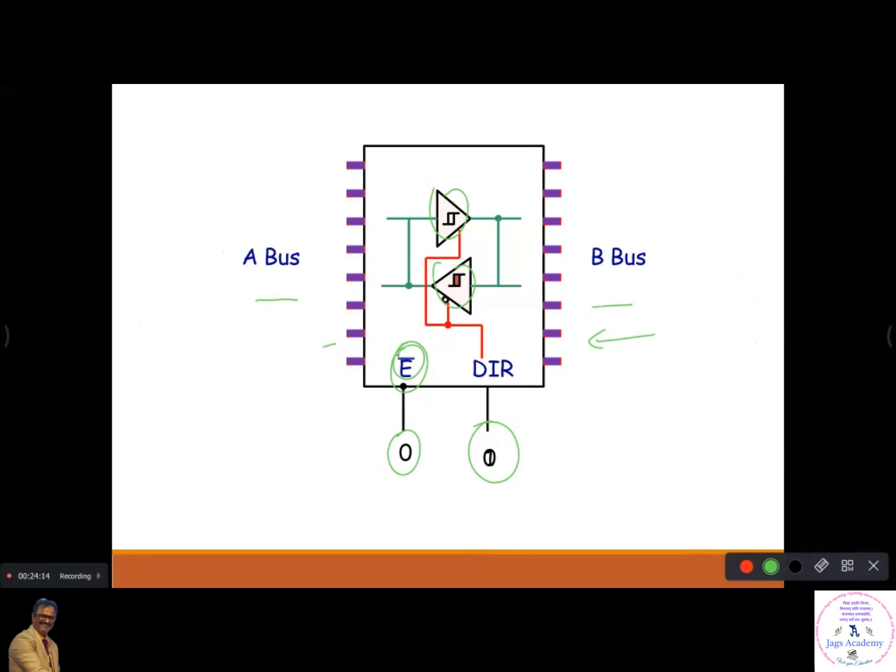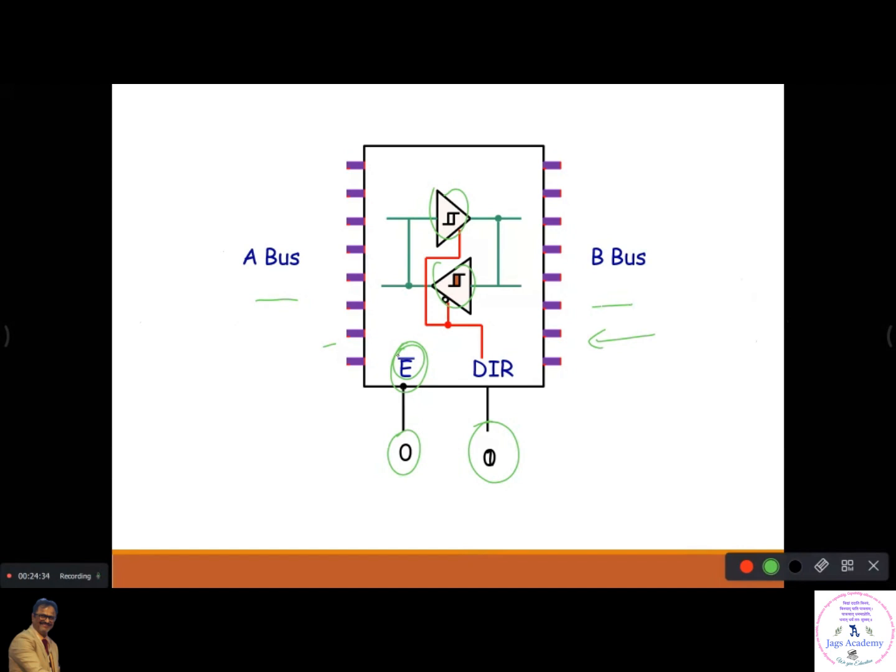Otherwise, it will not work. With direction 0, A connects to B and data goes from A to B. Whenever you give 1 here, data goes from B to A. So accordingly, you can program this simple configuration.